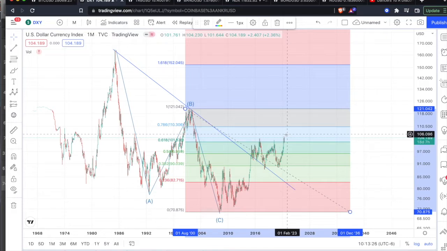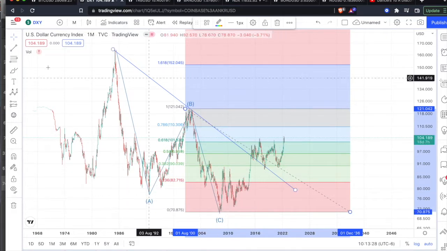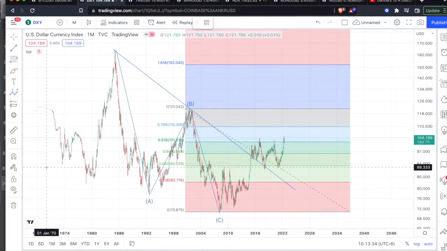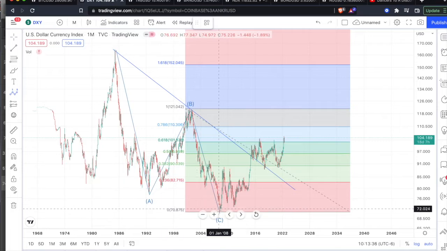So that implies something about this wave up. What could we say about that wave up? Well, if it's moving up, we're going to count it in 5 waves. Key understanding of Elliott waves is they move in eights. You have 5-3 ratio within 8. So for every 5 waves in one direction, you have 3 waves in the other.